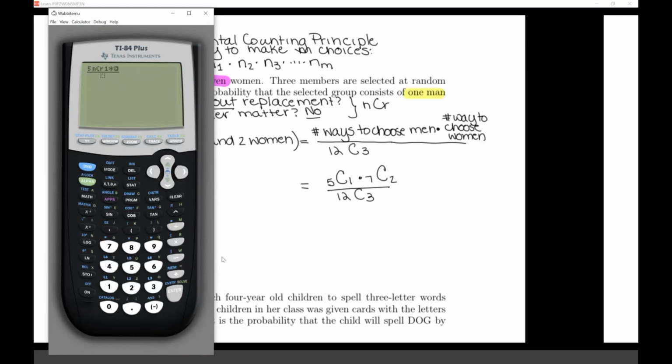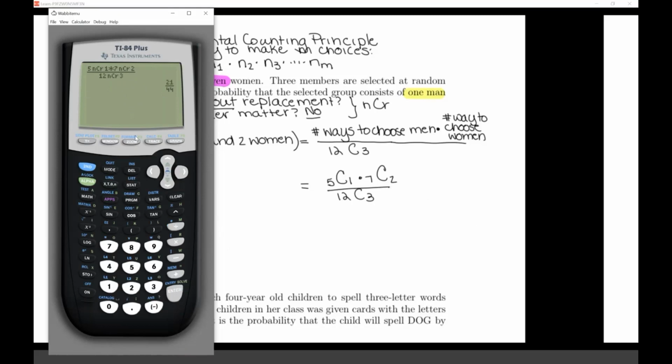I do need a multiply on the TI-84 between combinations. Then it's going to be 7 nCr 2 on the top, which looks like what I've written here. Then I go into my denominator and get the number of ways to pick 3 out of 12 people. So that fraction looks like this fraction. Then I hit enter.